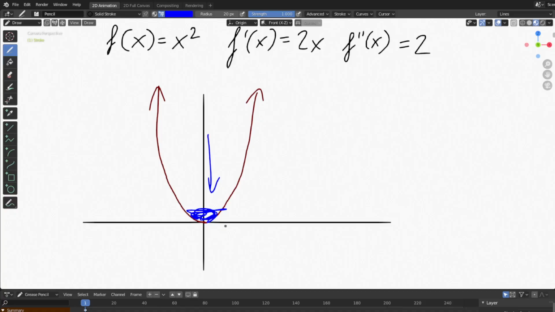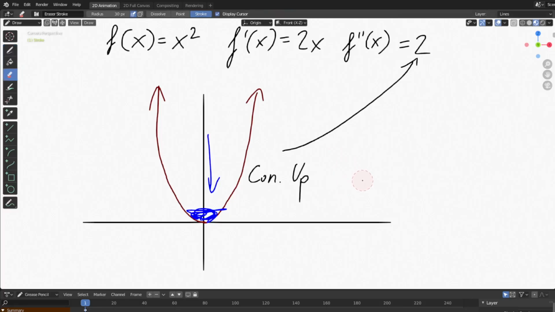Sorry, excuse me. It would create a little pool, meaning that this is concave up, and that's shown in the fact that the second derivative is positive for everything, meaning that this entire function of x squared specifically is concave up. That's what I mean by that's usually the easiest to find.